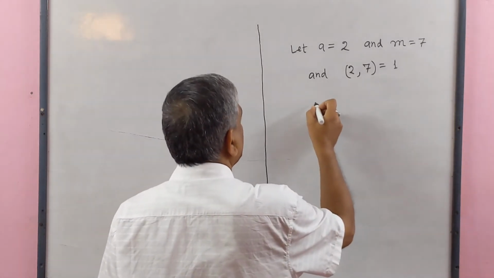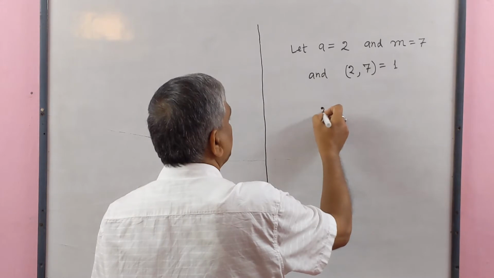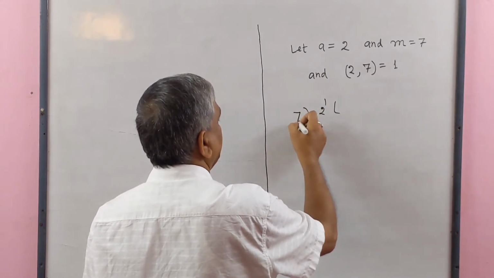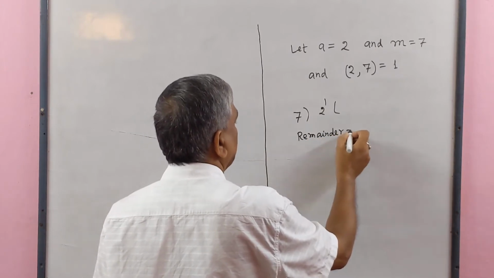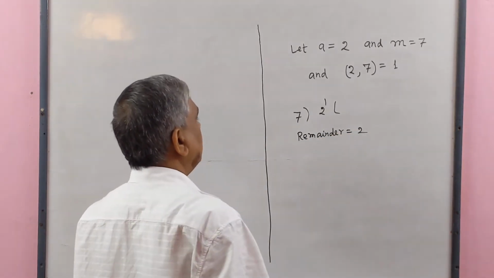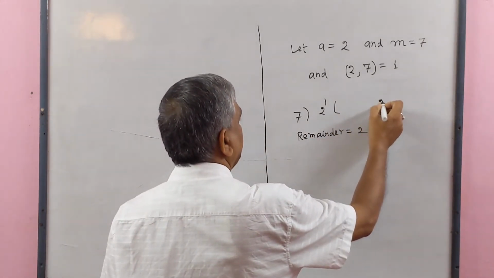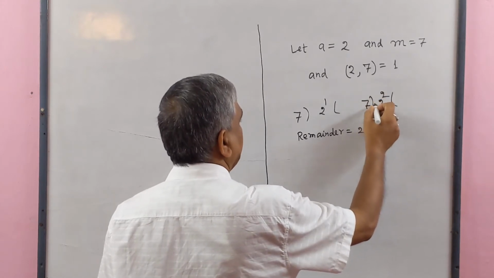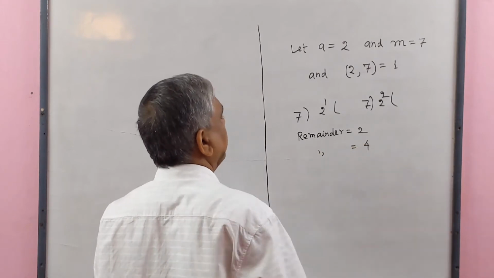Now, if we divide 2 to the power 1 by 7, we get remainder 2. If we divide 2 square, means 4, by 7, we get remainder 4.